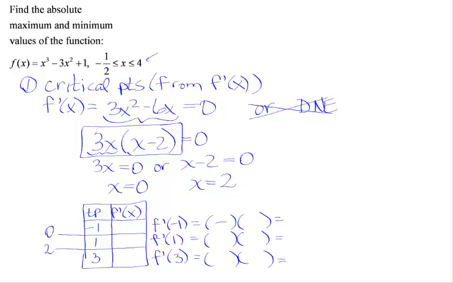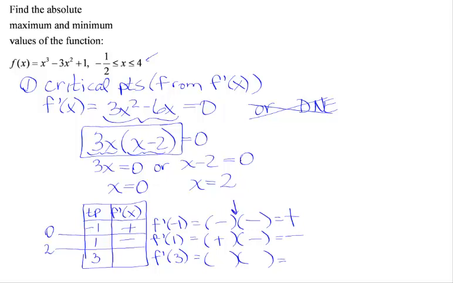When I plug -1 into this term, I get a negative value. A negative times a negative is a positive. When I plug 1 into the first term, I get a positive. When I plug 1 into the second term, I get a negative. A positive and a negative yields a negative for a product.